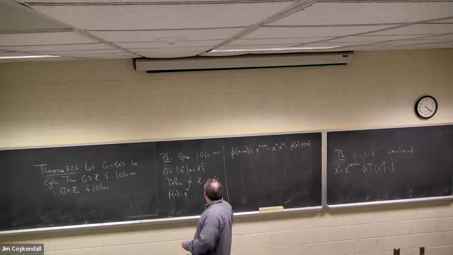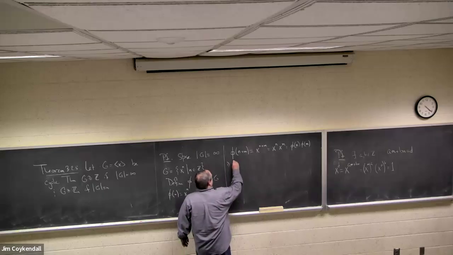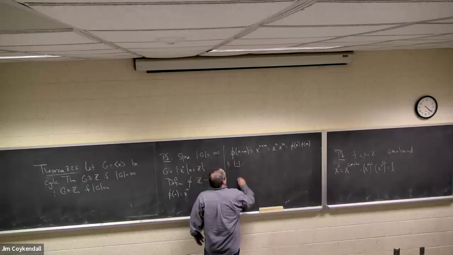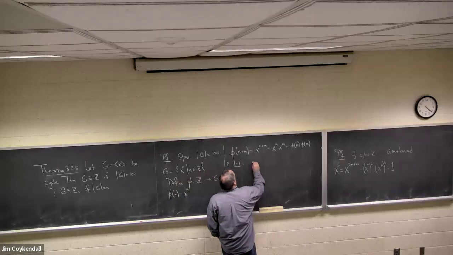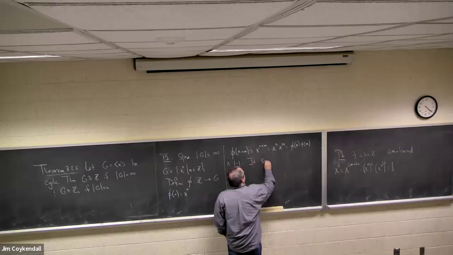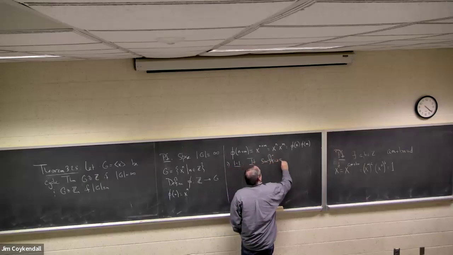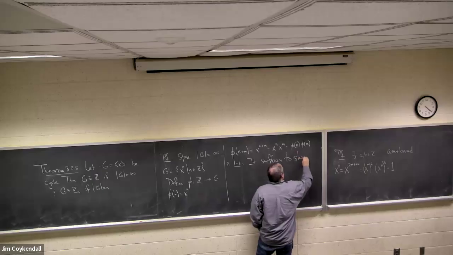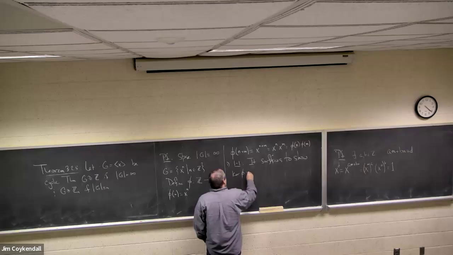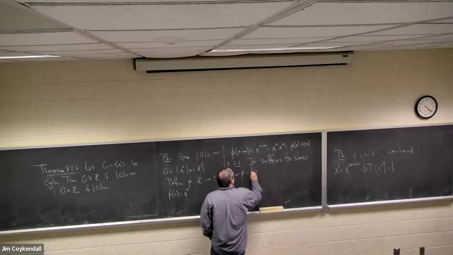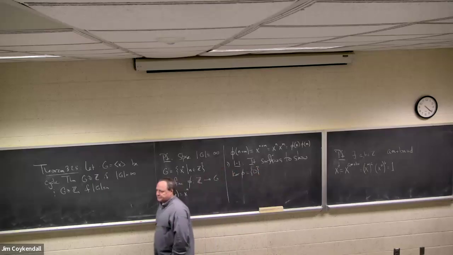What about one-to-one and onto? Okay, here's something from last class. It suffices to show that the kernel of phi is equal to only 0.